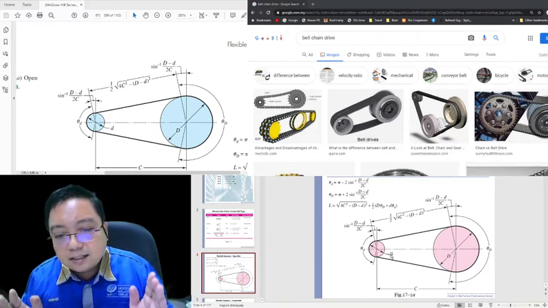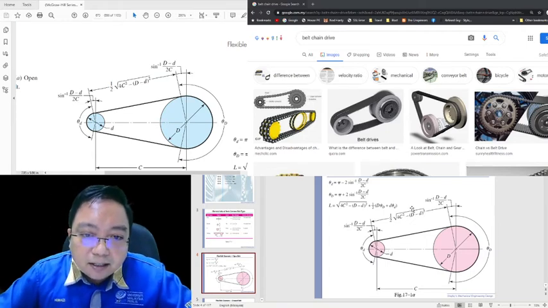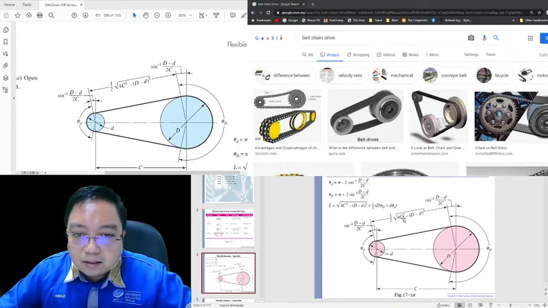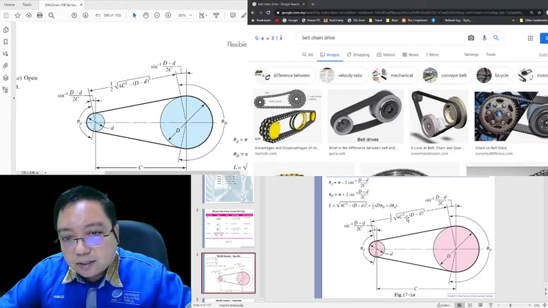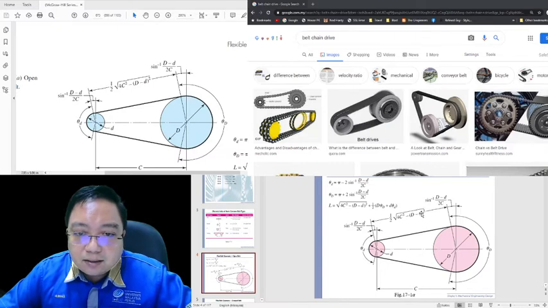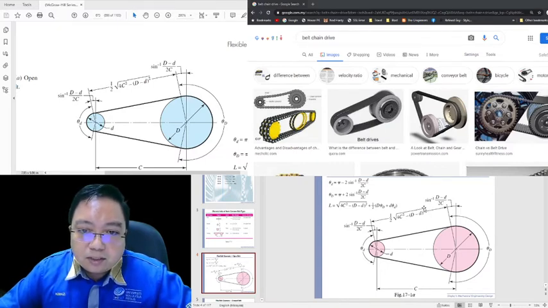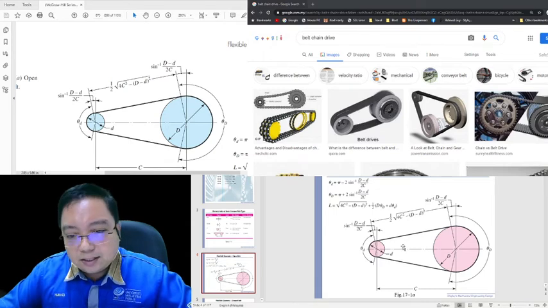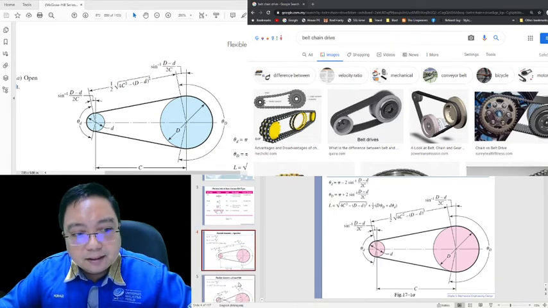This is C. And the equation for C comes from the Pythagorean theorem, with the square root of C squared minus (D minus d) over 2 squared. So with the Pythagorean theorem you can get the location.